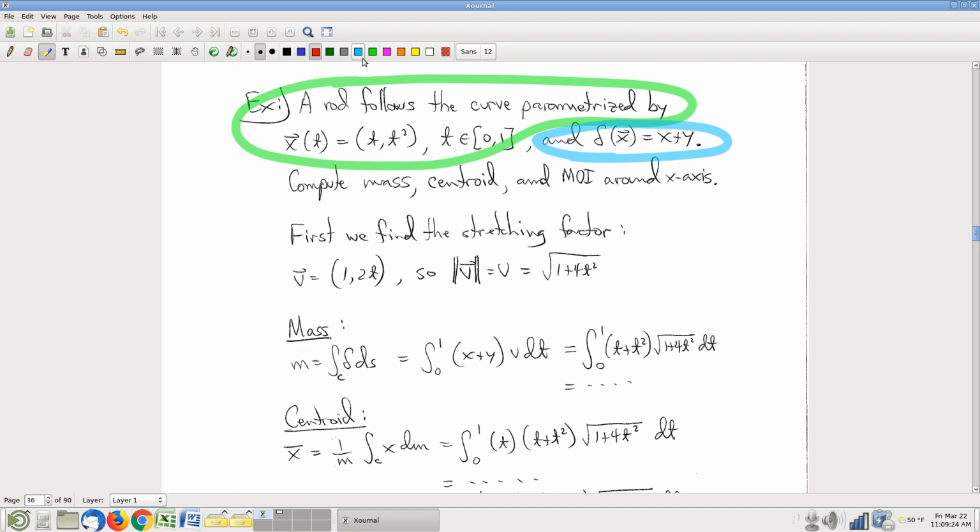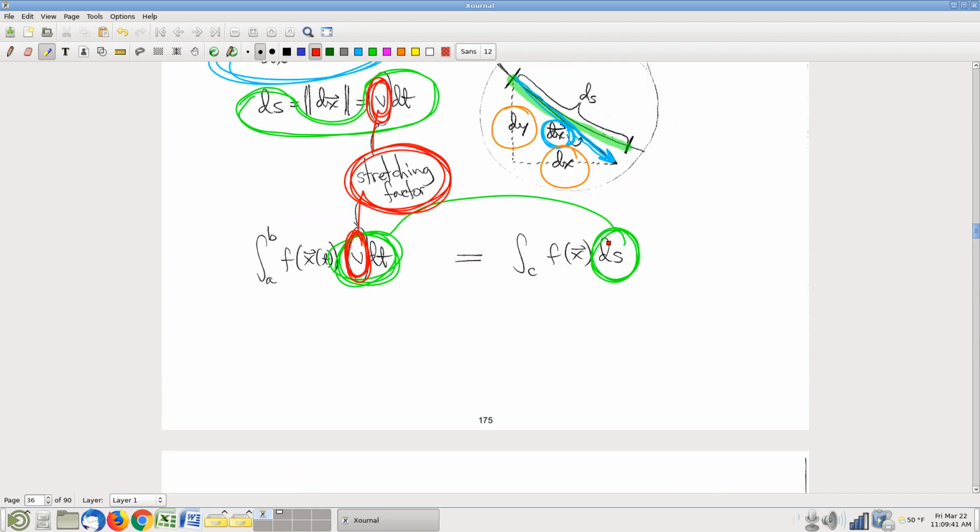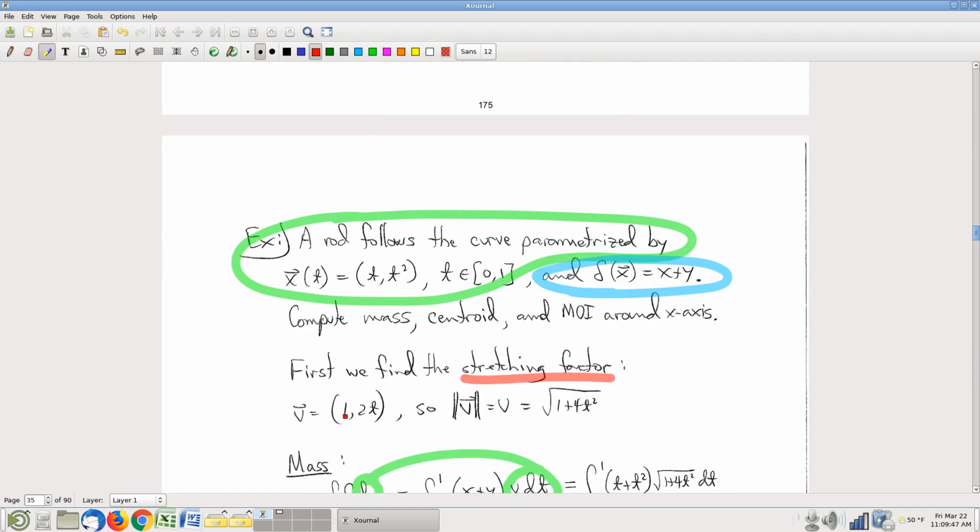ds is v dt, as discussed on the previous page. Now, what is this v thing? Well, we're going to have to go through and deal with finding the stretching factor. Don't forget our formula for the stretching factor right here. It's speed. So there is a calculation to be done there. You've got to compute the velocity.